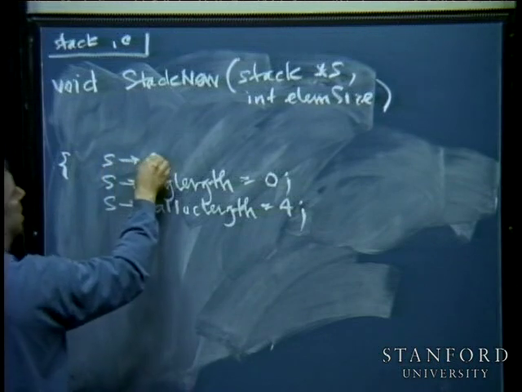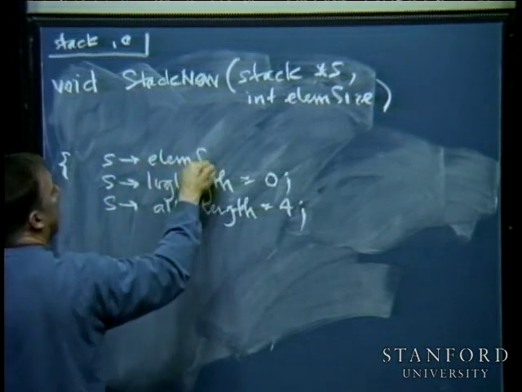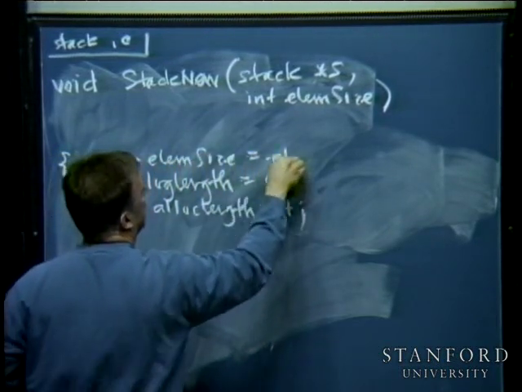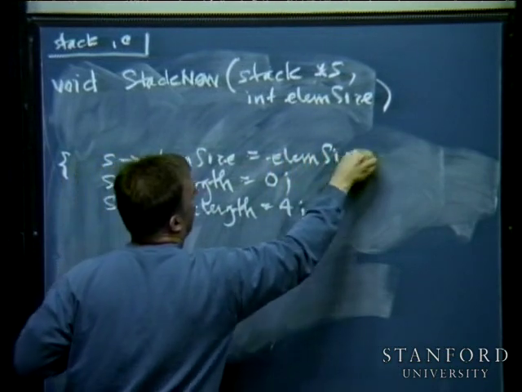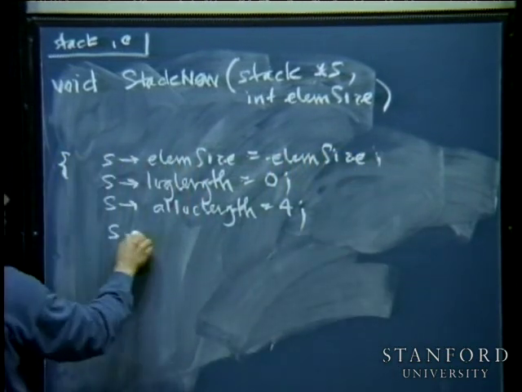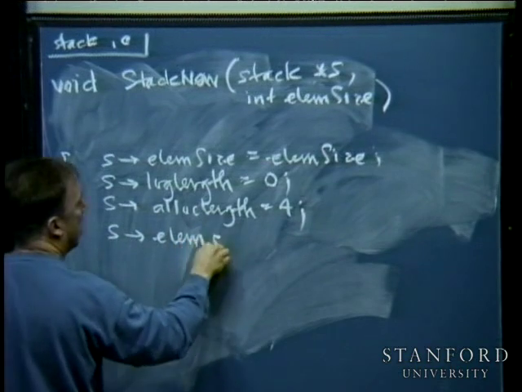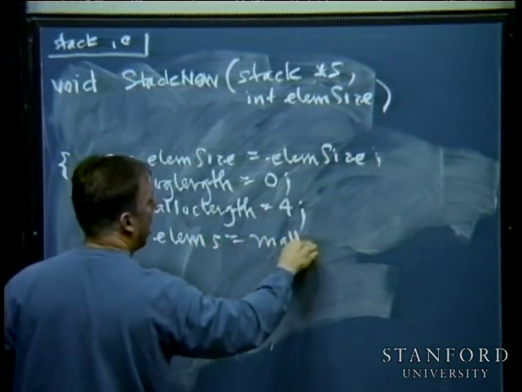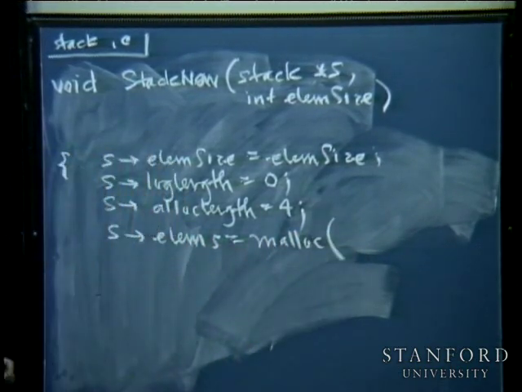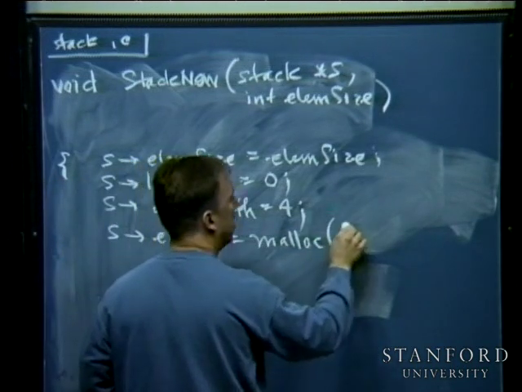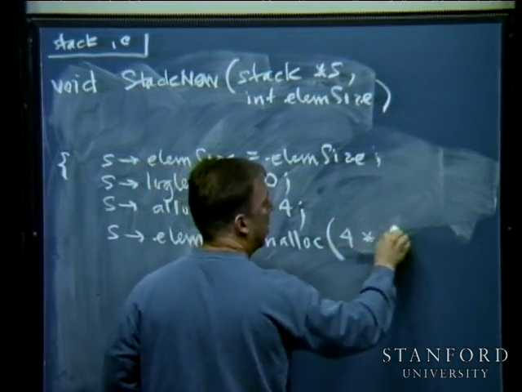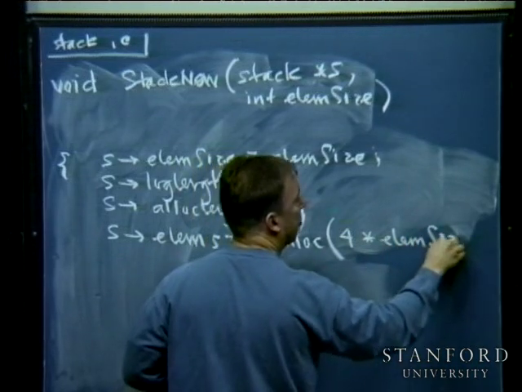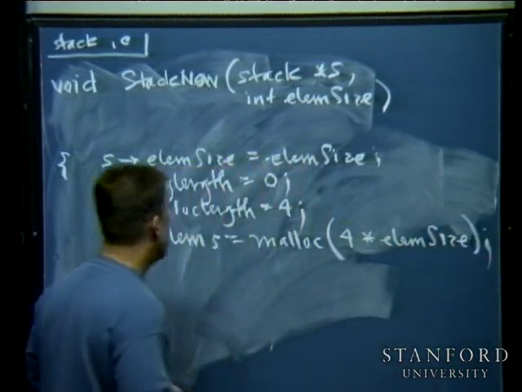S arrow elem size, let me do this up top, is equal to elem size. S arrow elems is going to be equal to malloc. I don't have a hard data type, so I can't use sizeof here, but I have no reason to. I have been told how big the elements are via the second parameter. So 4 times elem size. Just use the parameter as opposed to the field inside the struct.